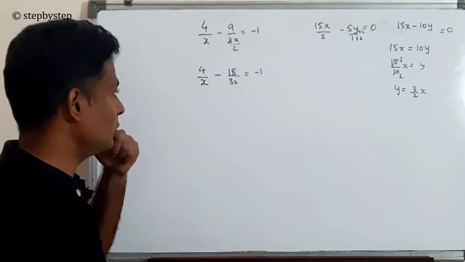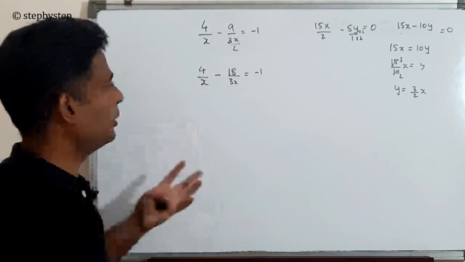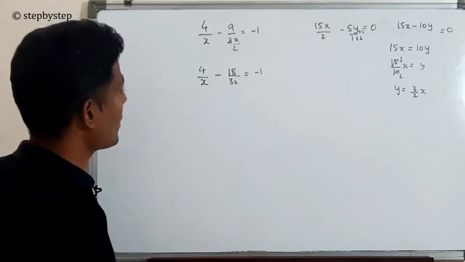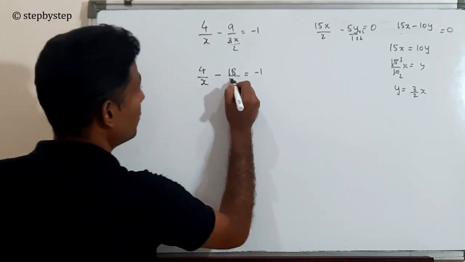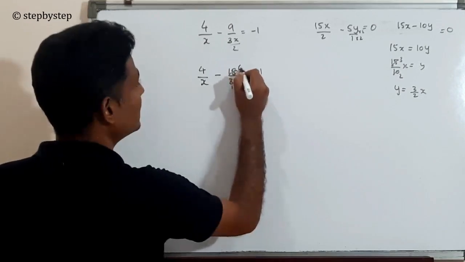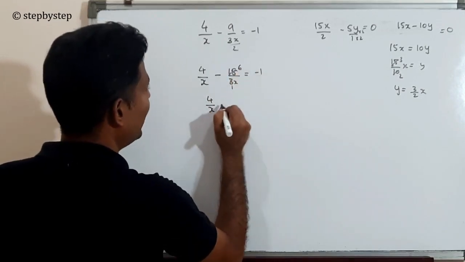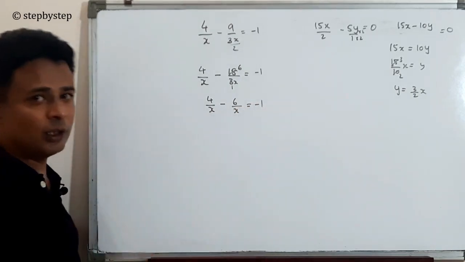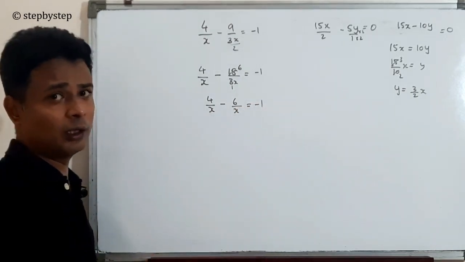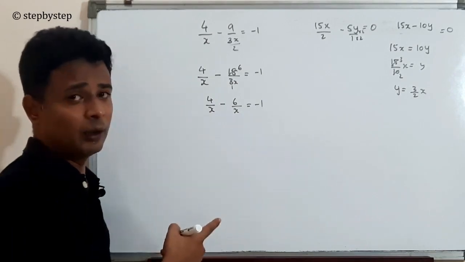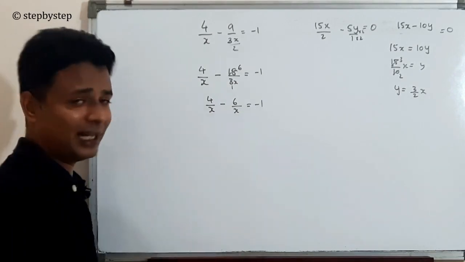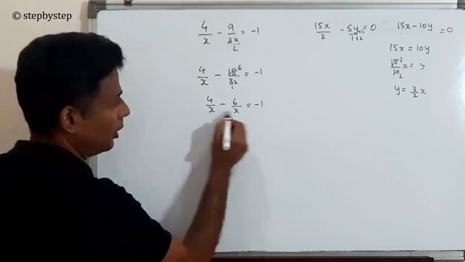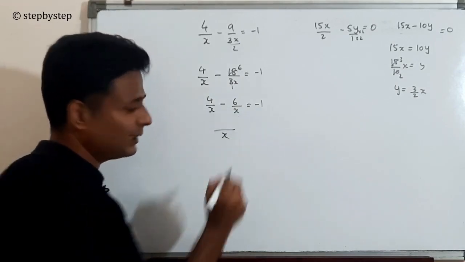Now, there is not much use if we use u. Okay, by the way, this becomes 3 sixes are 18, 6 by x. So I get 4 by x minus 6 by x equal to minus 1. We do not need to use 1 by x equal to u, because directly we can find the value of x here. Denominators are x and x, so the LCM is x itself.